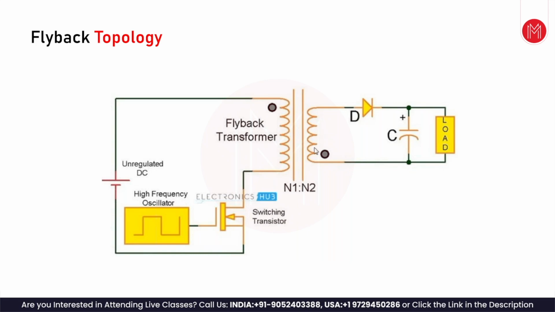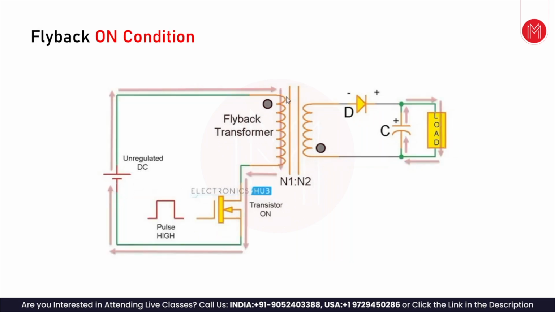After some time this gets turned off, and this turns on. So with the switching, the coils of the flyback transformer turn on and off alternately. This turns on and this turns off, then this turns off and this turns on. That's how it keeps going between these two. That's how a flyback transformer works, and that's why it's called a flyback transformer.